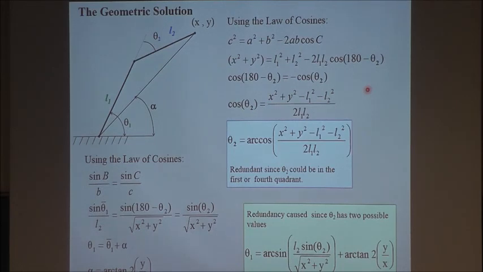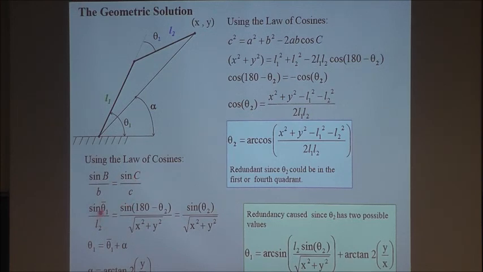The revolute angle value of the second joint is actually arc cosine of x squared plus y squared minus L1 squared, these two go on the other side, minus L2 squared, divided by 2 L1 L2. And using the other law of cosines, the law of sines, sine of b over b is equal to sine of c over c.